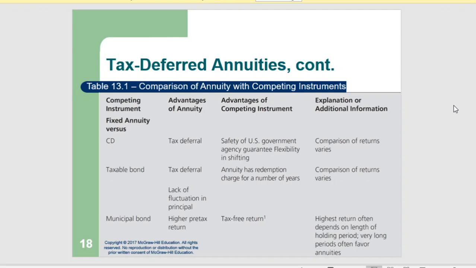If you're holding it for a long time, your tax is deferred for a long time, and the longer you defer it, the more value you get out of deferring it. You could defer it long enough to exceed the value of avoiding it altogether, once you pay the return penalty you have to pay to get a municipal bond.